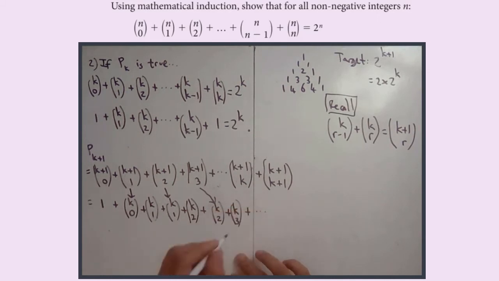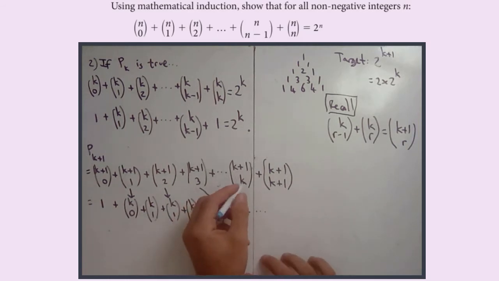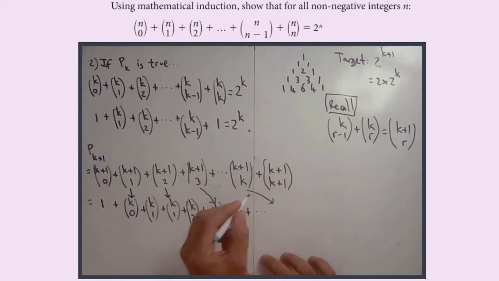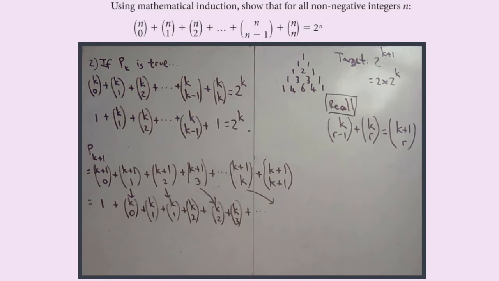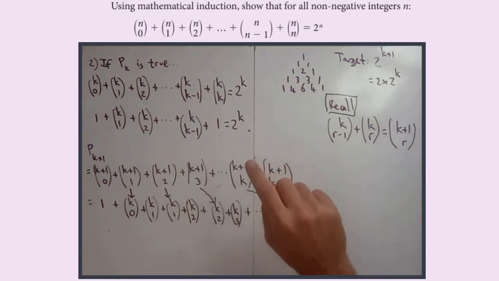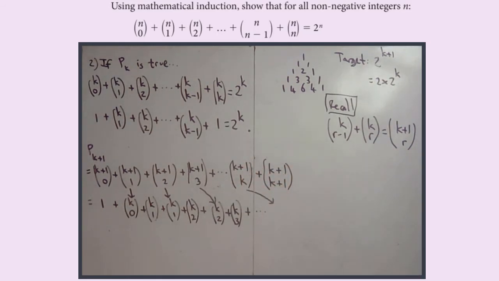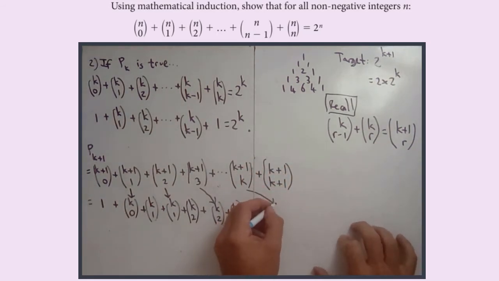Plus dot dot dot. Now we're into the business end, where we've got to deliver this. So what is this thing going to become? Well, this (k+1)Ck is going to turn into kC(k-1) plus kCk.